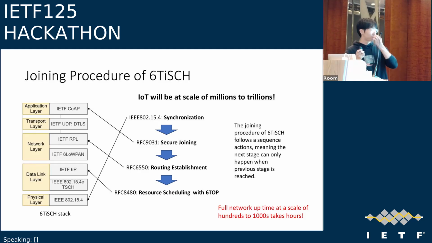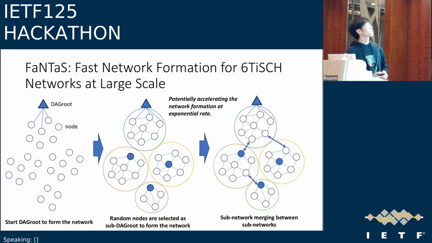So forming a large-scale network with thousands of nodes would take hours. In our solution, we form subnetworks in parallel and merge them with each other to form a unified network. At the beginning, the DAG roots form the main network.